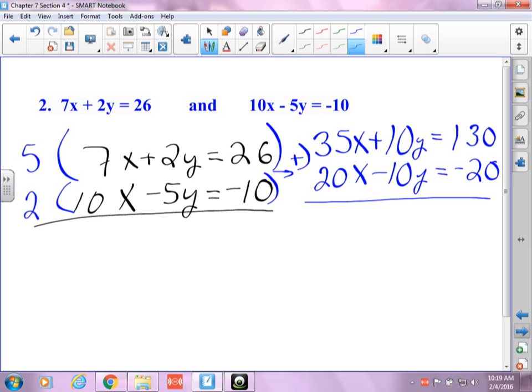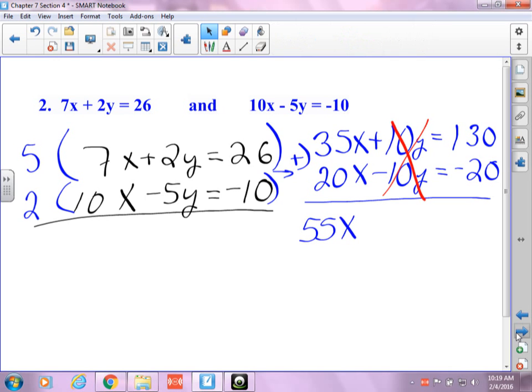So do you see how knowing how to do that last task on the last test helps us now? If you didn't understand it, it becomes a problem with today. Right? So I'm going to add 35x plus 20x gives me 55x. What about my y's? They eliminate, okay, and then go ahead and add.